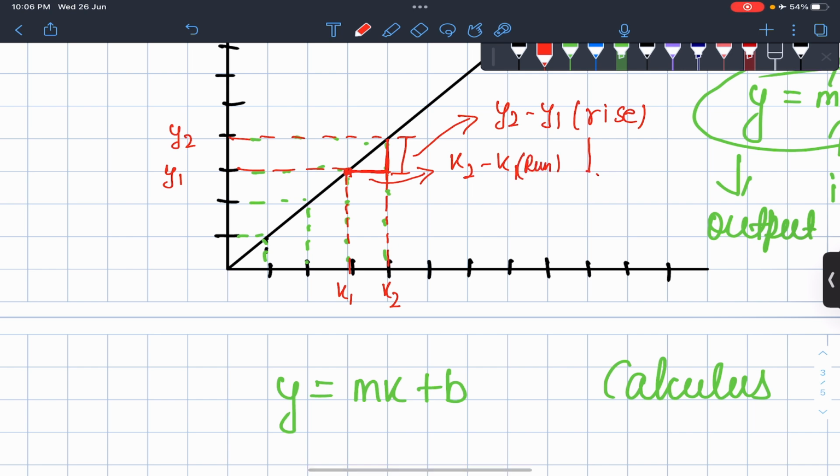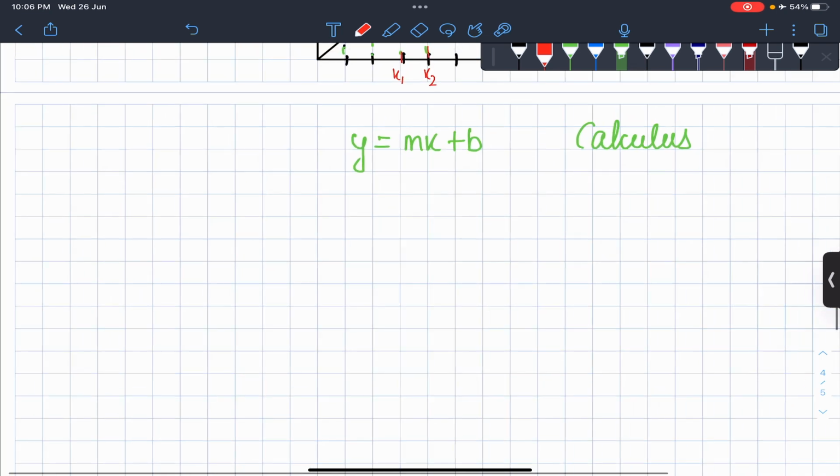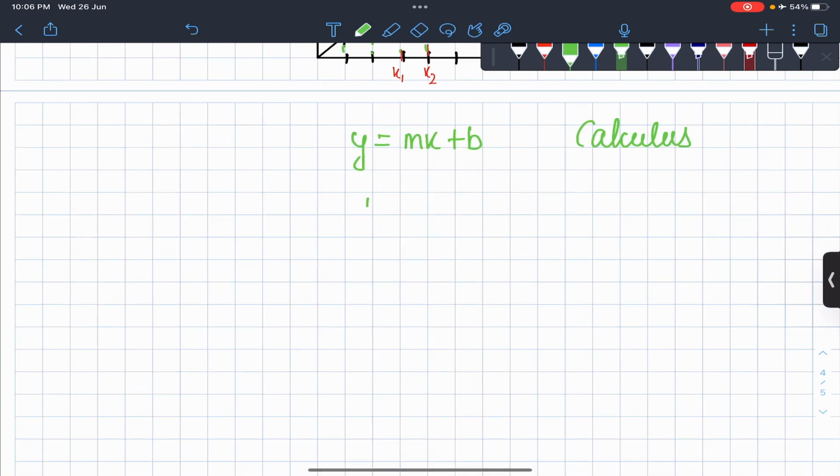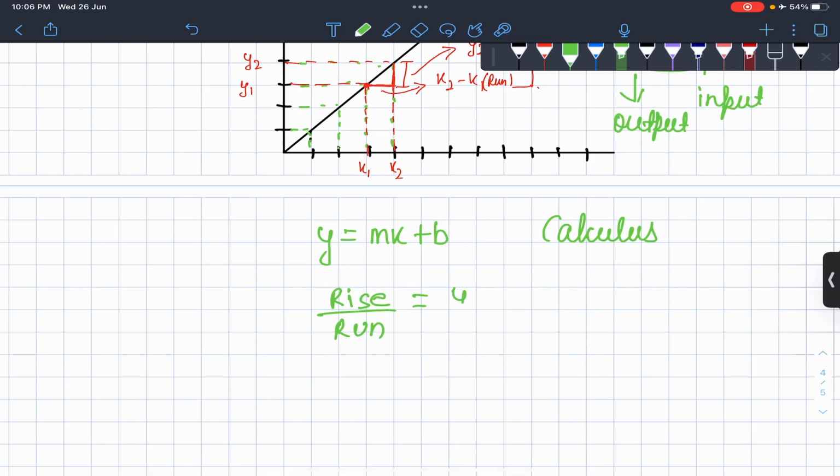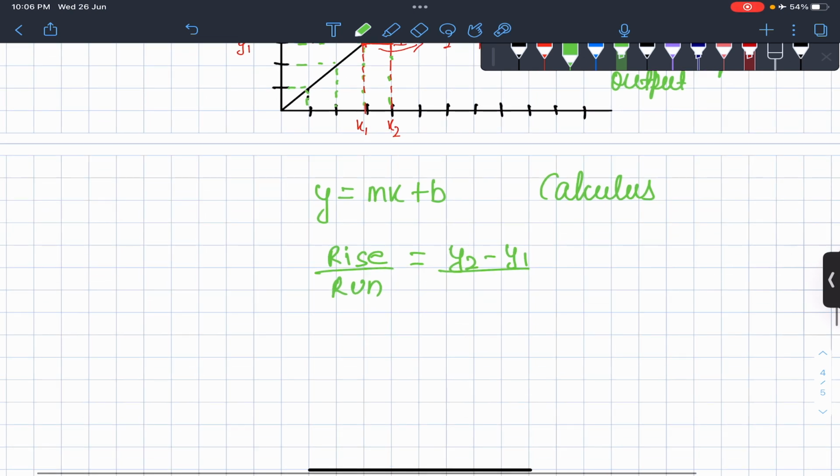How much distance did we run to reach there? Now we know that rise over run is y2 minus y1 over x2 minus x1.